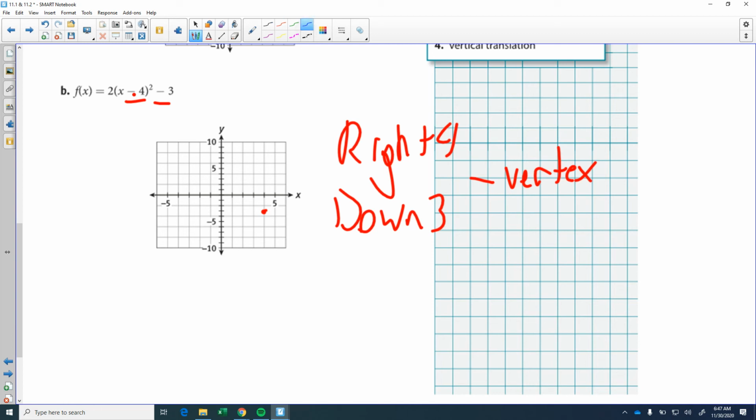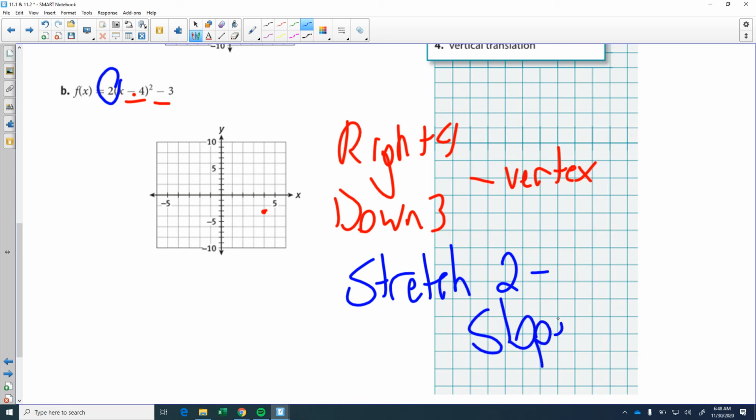Well, now we have to change one small thing because we have this 2 here. That's going to cause a stretch of 2. And the thing that's important here is that it's really going to be our counting points for our slope, but from the vertex. Okay? And that's the key thing I want you to understand.